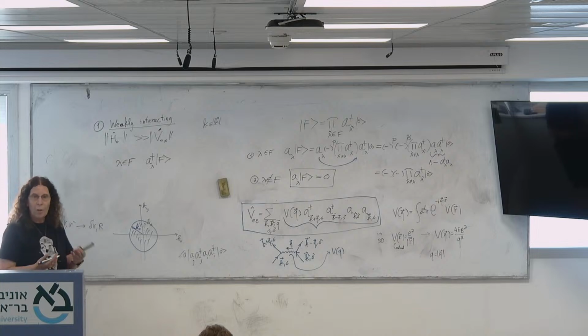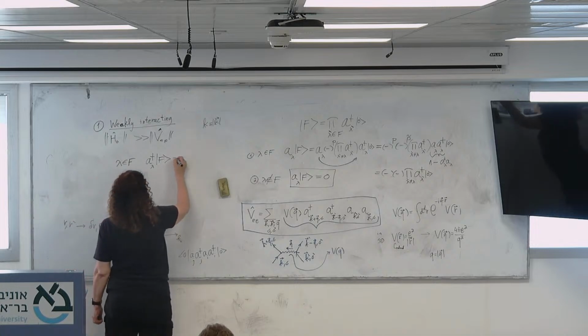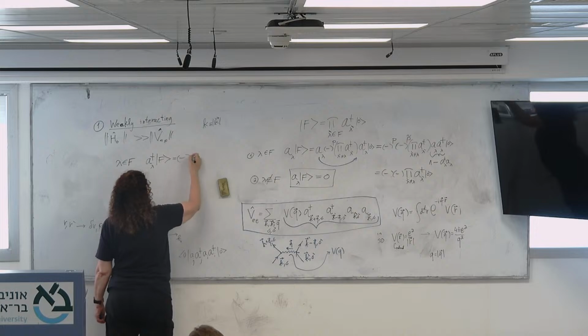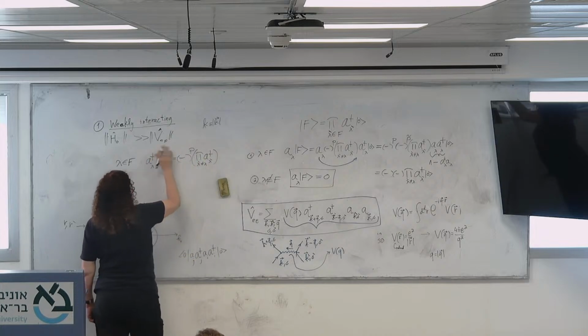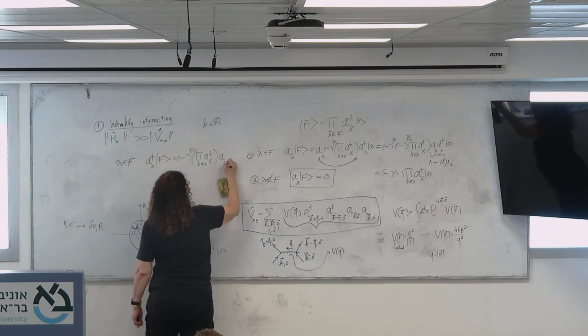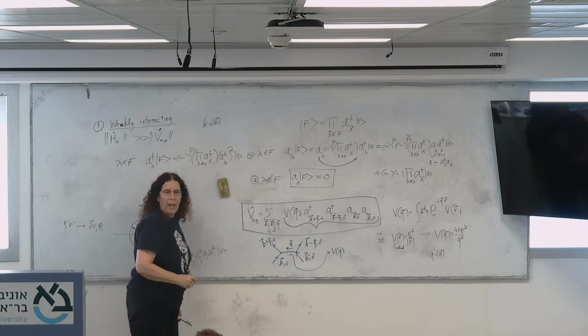What does it give me? Zero. Exactly. If you want to see the calculation, once again I will have some phase factor times a product of all the lambda primes different from lambda, a lambda prime dagger, and after all the reshufflings I will have a lambda dagger squared, and that's zero.